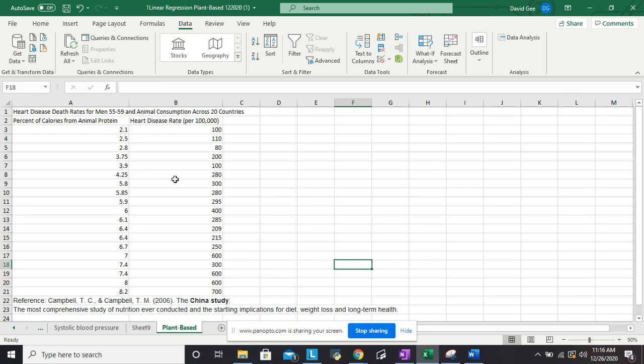What we're going to take a look at is the data. This is not the data that you will be using. This is not real estate data. It has the percent of calories from animal protein, and the heart disease rate per 100,000 men between 55 and 59.